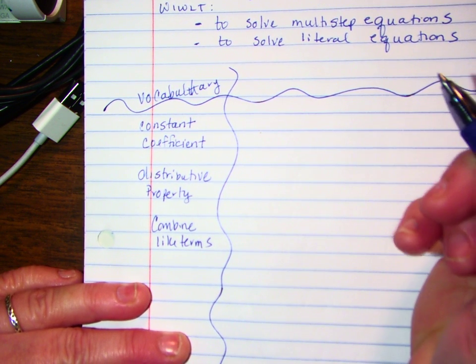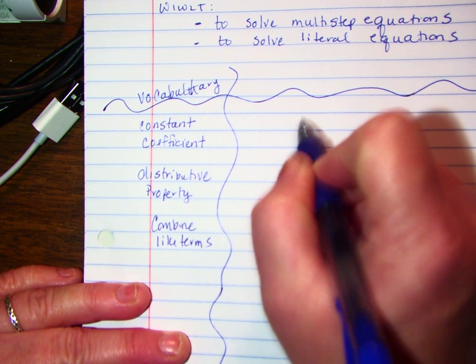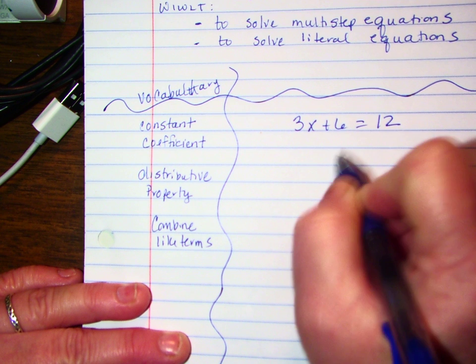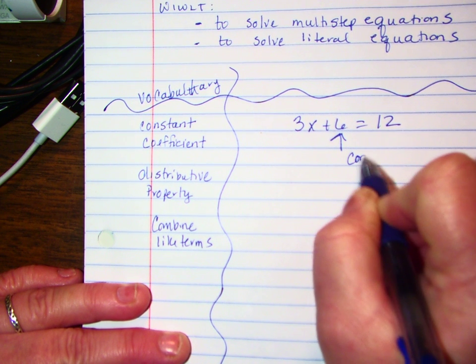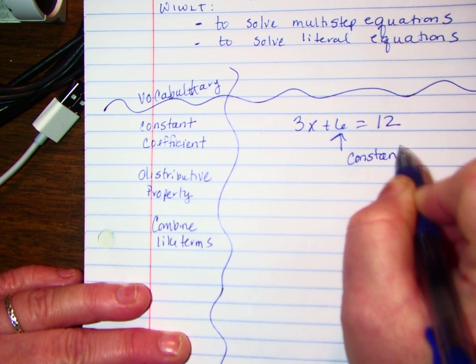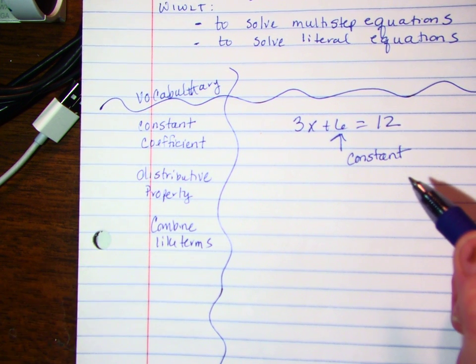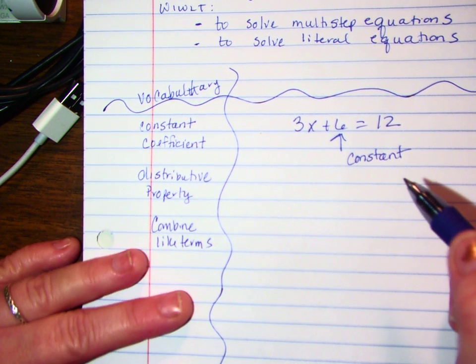Now, I'm just going to give you an example because I think you know that. If I say 3x plus 6 equals 12, the 6 is the constant. It stands alone. It does not change.